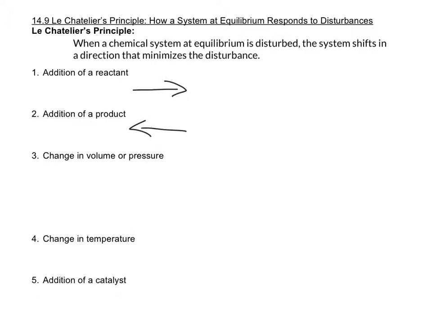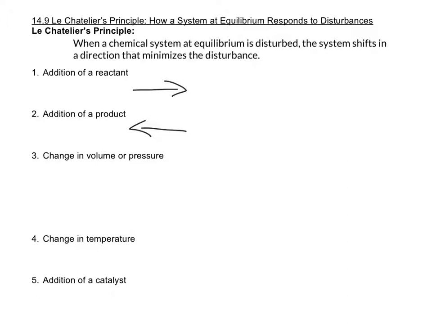Change in volume or pressure is a little bit more complicated. These both apply to gases. So if we increase the volume, obviously we're going to decrease the pressure, so they work opposite one another. And both of these are going to depend on how many gases we have in either the reactants or the products.